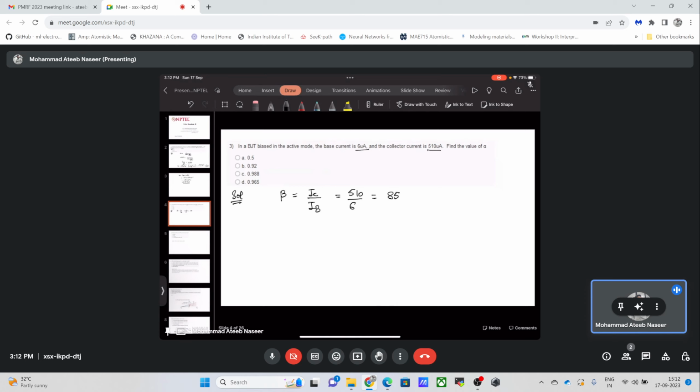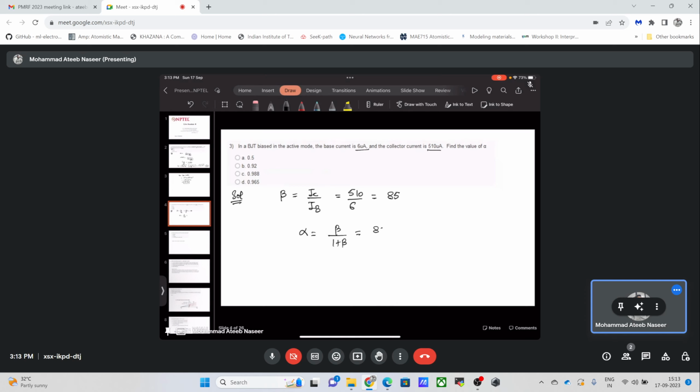Okay, alpha for the BJT in this active mode is simply beta divided by 1 plus beta.